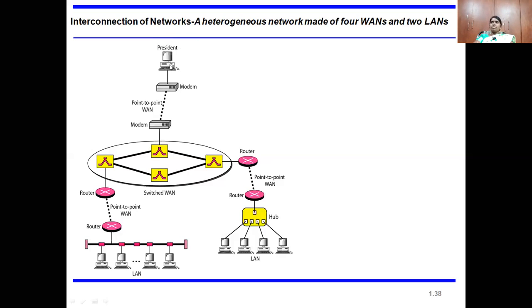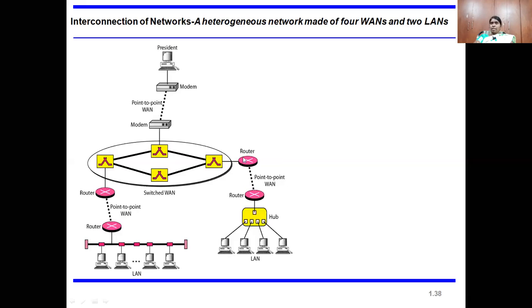We'll consider somewhere in the middle. This president should monitor these two companies. How is he going to monitor? He will be connected through a WAN connection. Modem he is using. Here we are using the routers.